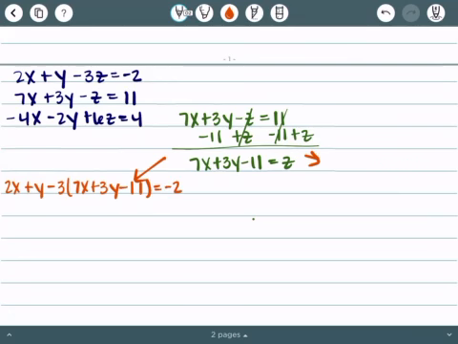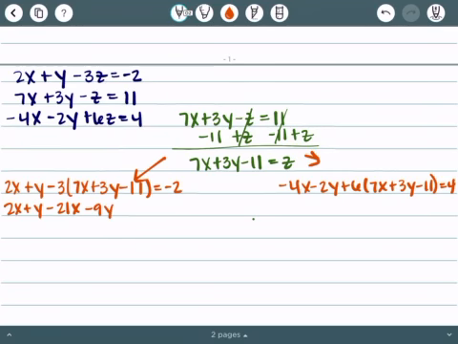And then our bottom equation, negative 4x minus 2y plus 6z, but instead of z, 7x plus 3y minus 11, equals 4. So if we simplify them, 2x plus y, and I distribute my negative 3, minus 21x minus 9y plus 33 equals negative 2. So I'm going to subtract my 33.